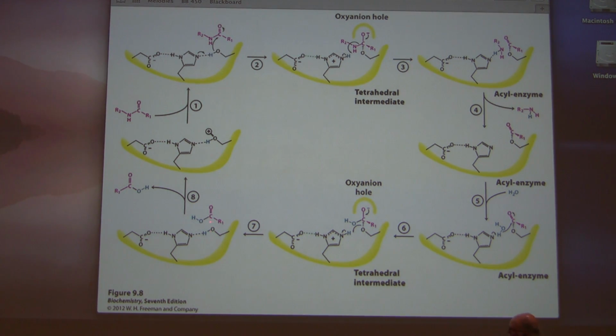That results in the breaking of that bond, the release of the second polypeptide chain, and the regeneration of the original intermediate. We've now finished the second phase. So what we've done, we've gone through here, and now you see a little bit about how flexibility of an enzyme helps the enzyme to do what it does.